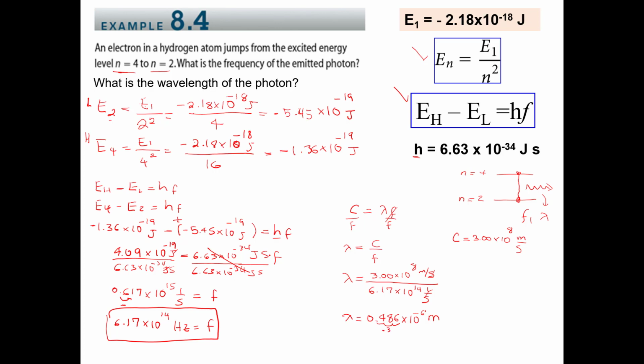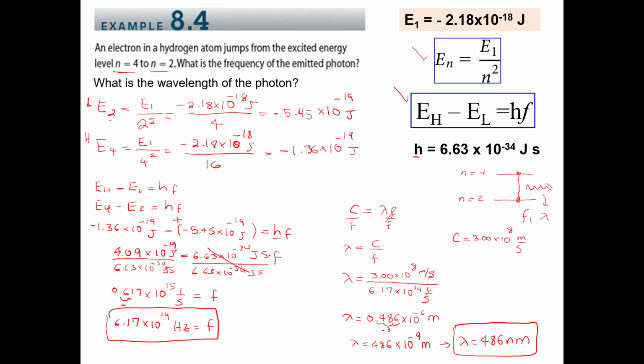And minus 3 and minus 6 is minus 9. And we can write this one like 486 10 to the power minus 9 meters. But we know minus 9 means nanometers. Then we can finally write this one as 486 nanometers.